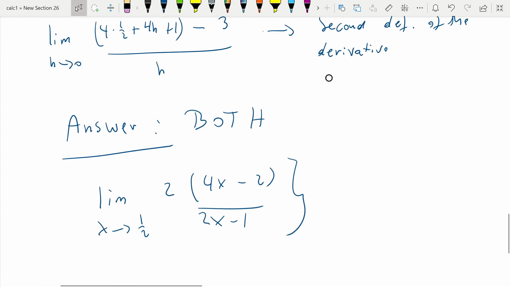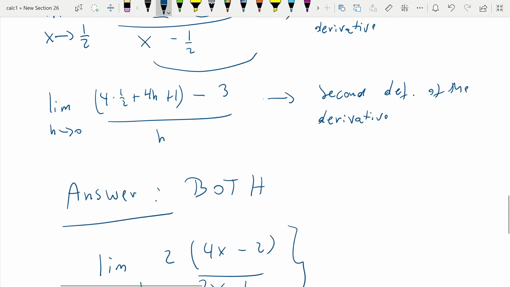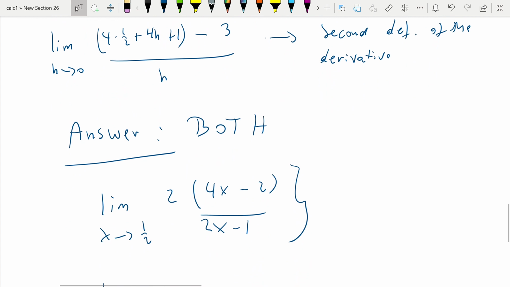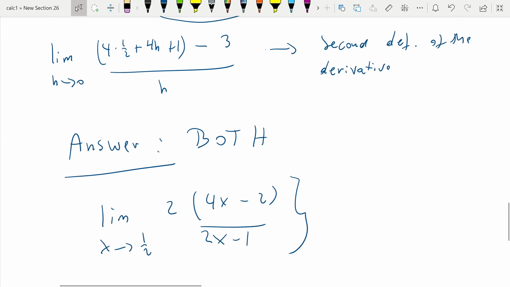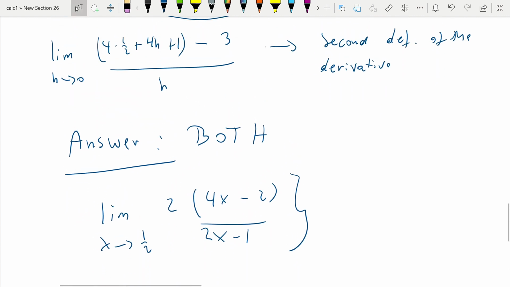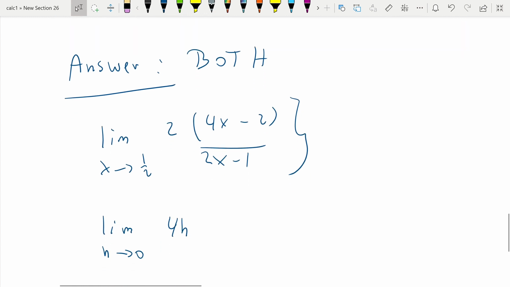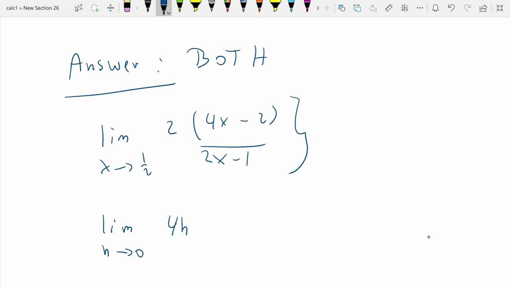So the second expression is actually also equivalent to, and now this is the limit when h approaches 0 of, and we can take the 4 times 1 over 2 is 2, so we get 4h, and inside the parenthesis plus 3, but then minus 3, is just 4h.